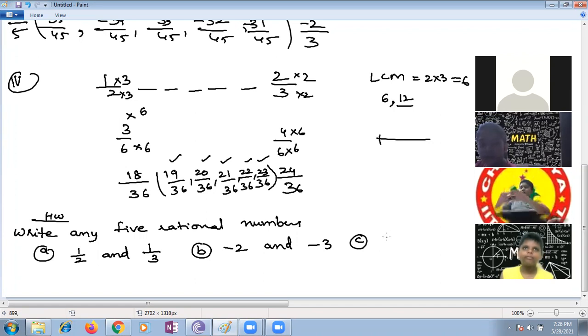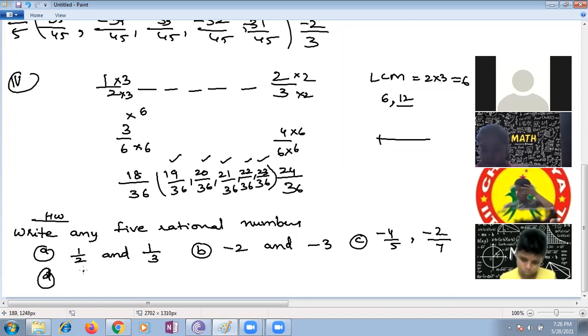And the other one is minus 4 by 5 and minus 2 by 7. And the D bit is 1 by 2 and 4 by 5.